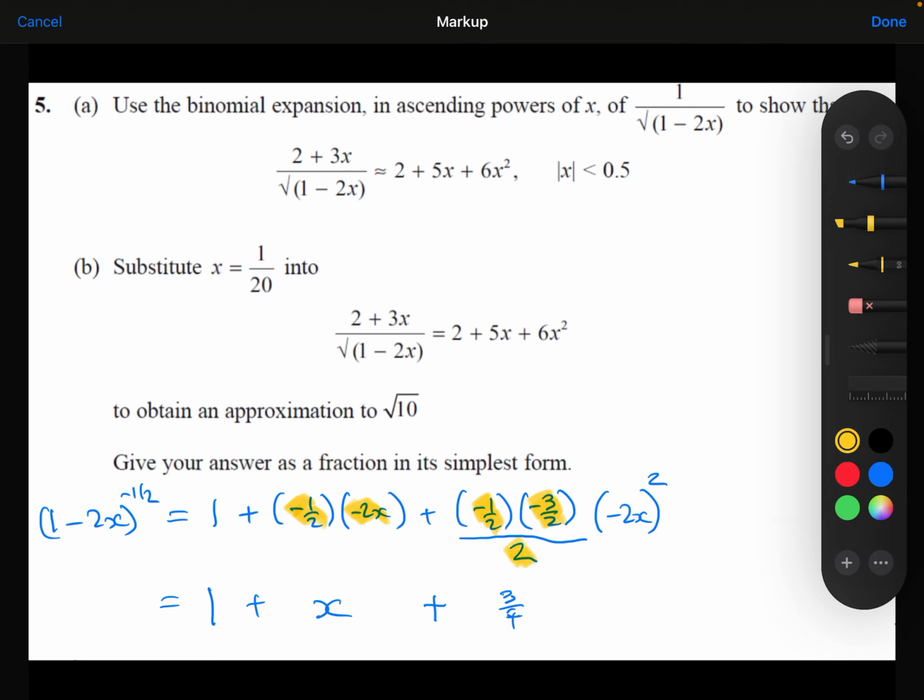But then that's going to have to be divided by 2, so that's 3 over 8. And then we multiply that by minus 2x squared. The minus 2x times minus 2x will be a plus 4x squared, and the 3 over 8 times 4 will become 3 over 2.